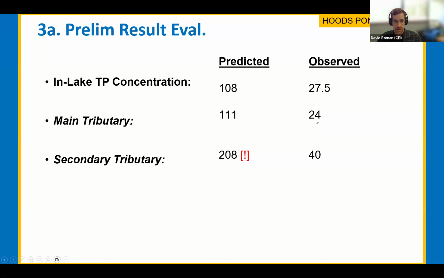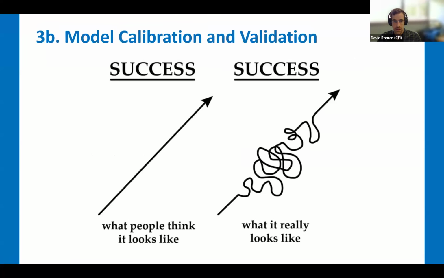So calibration is needed. Again, there's this straight line of success, but really when you're doing a model, you have to go back and revisit assumptions and turn some dials, to make things represent what's actually happening out there.